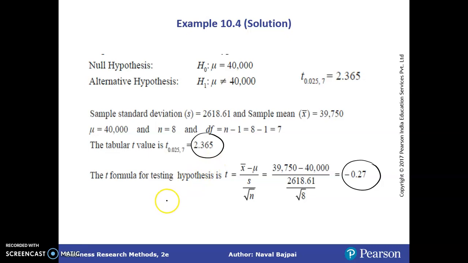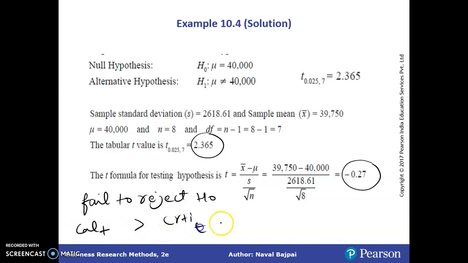So we cannot reject the null hypothesis, or we fail to reject the null hypothesis, because our calculated t value is not greater than the critical t value.